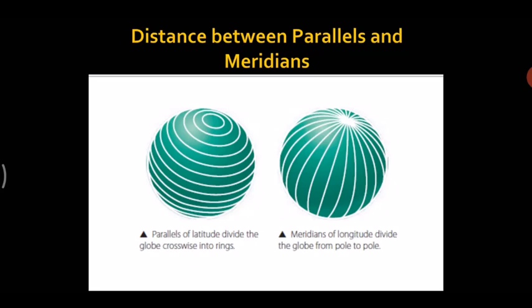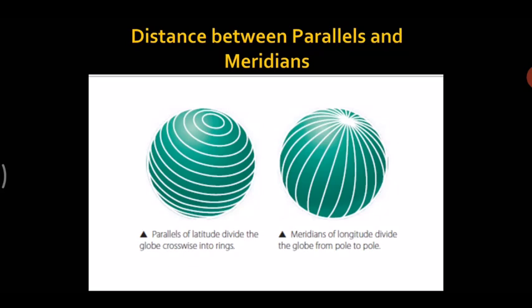That is the distance between parallels and meridians. Parallels of latitudes divide the globe crosswise into rings. As I told you, latitudes are sleeping lines, so they divide the globe crosswise, in a circular shape but sleeping ways. Meridians of longitude divide the globe from pole to pole, that means from north pole to south pole, standing ways.